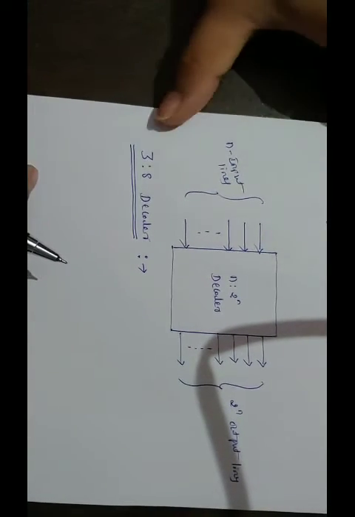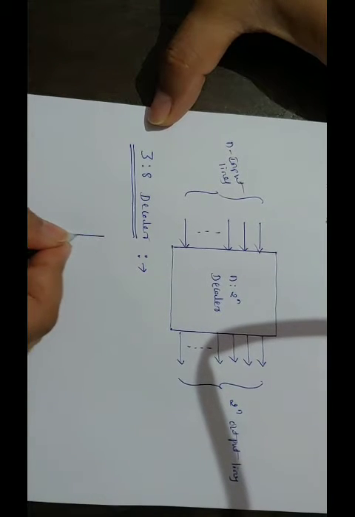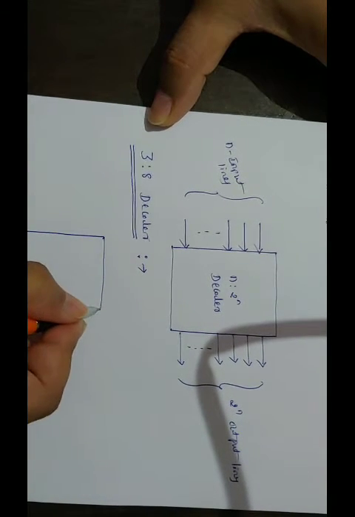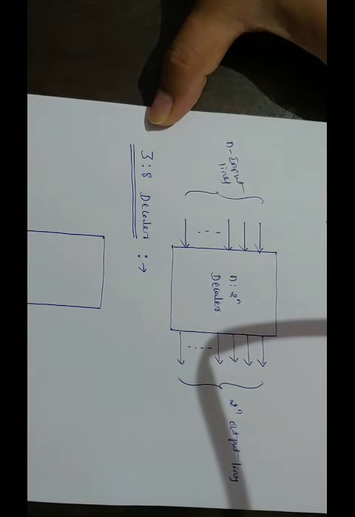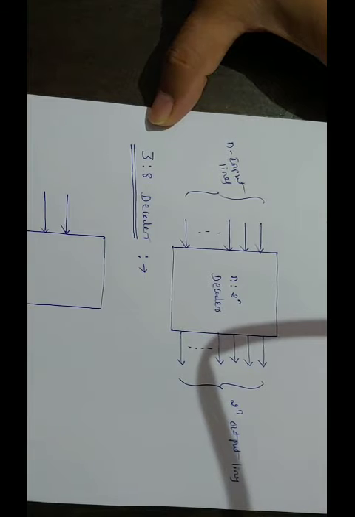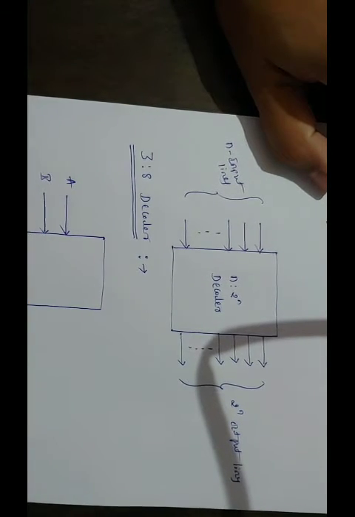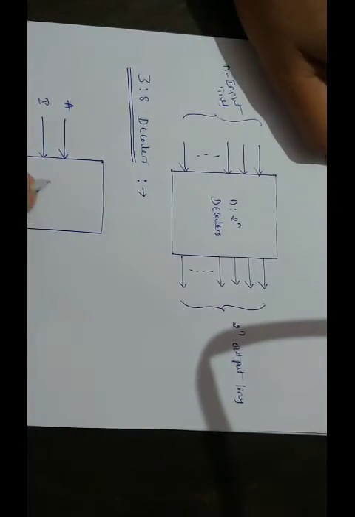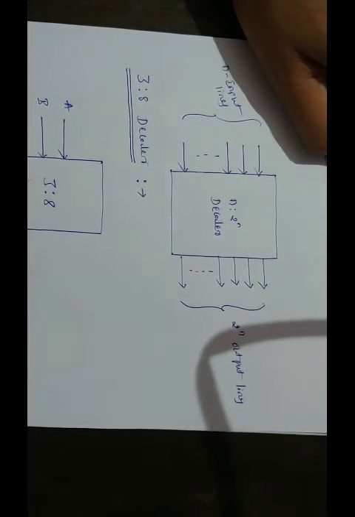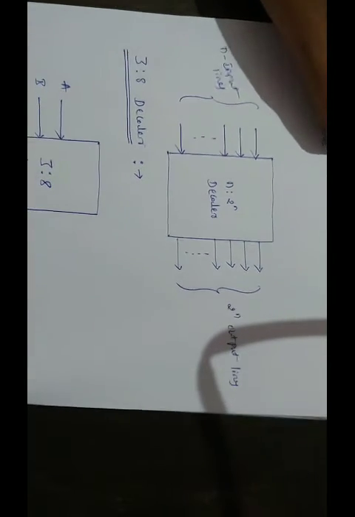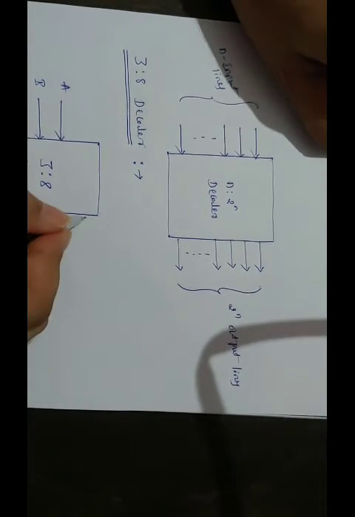For the 3 to 8 decoder, first you have to draw the block diagram representation. The input lines we can take as A, B, C. Then it is a 3 to 8 DEC, in short we write DEC for decoder.